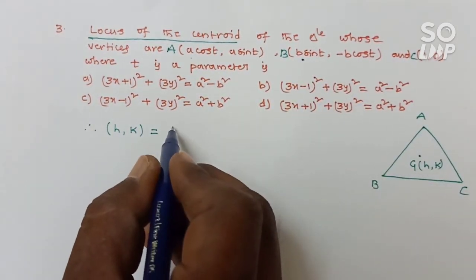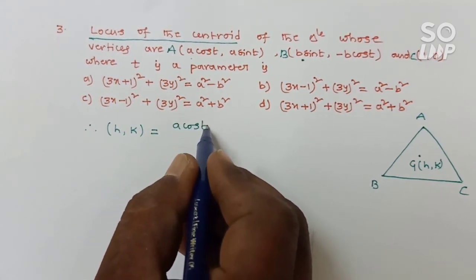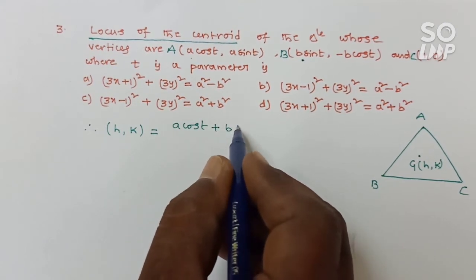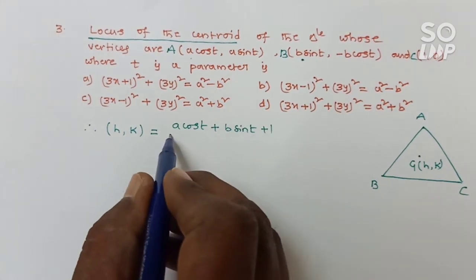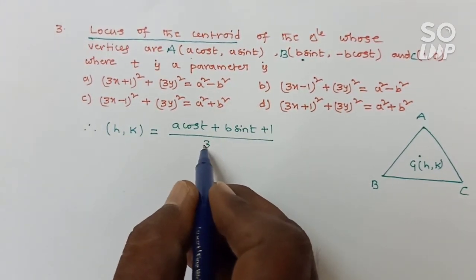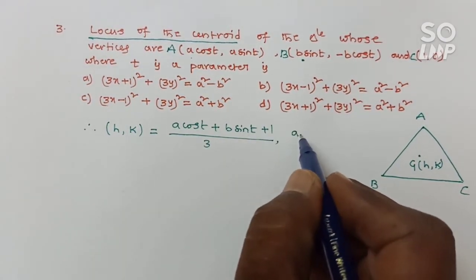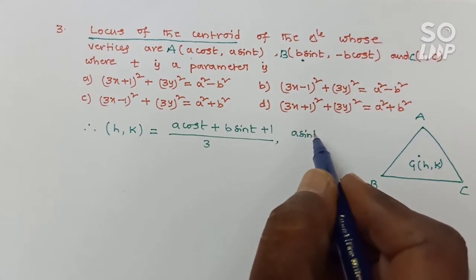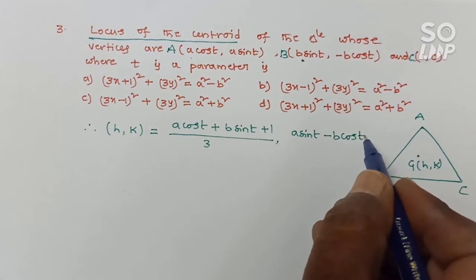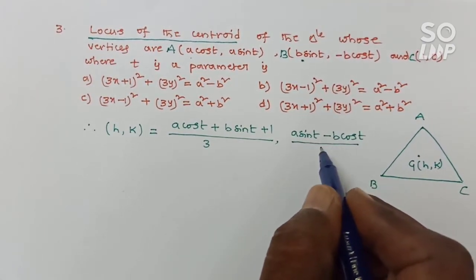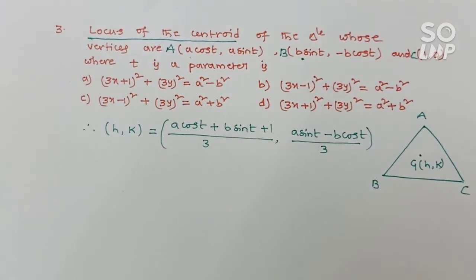So you can write a cos t plus b sin t plus 1, whole divided by 3, comma, the sum of the y coordinates, a sin t minus b cos t plus 0, whole divided by 3. So this is the centroid of the triangle ABC.